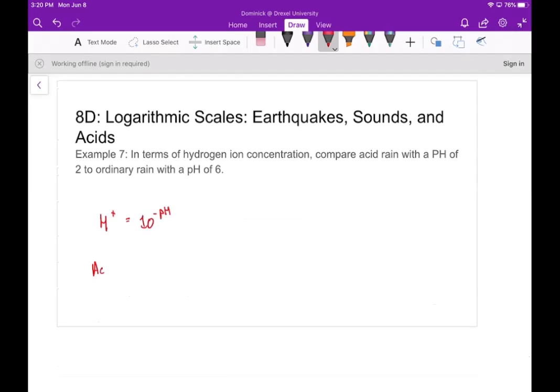So for acid rain, we get that H plus is equal to 10 to the minus 2. So we're going to get 1 over 100, and of course, this is in moles per liter.